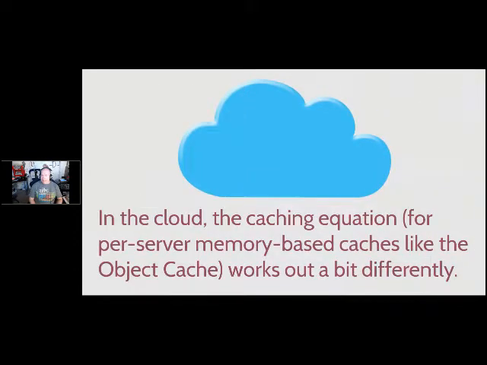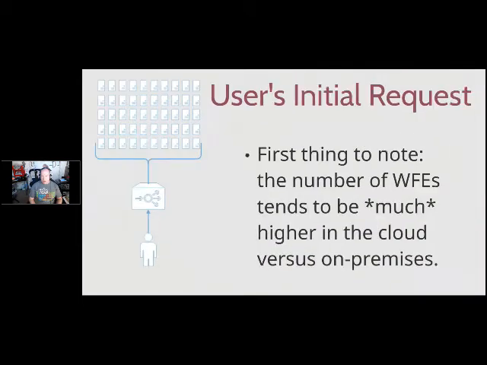Now, in the cloud, particularly for per-server memory-based caches like the object cache, the equation changes quite a bit. In an online environment, remember, I told you that a SharePoint stamp can scale up as needed. It has elastic capacity. Additional web front ends will be added.